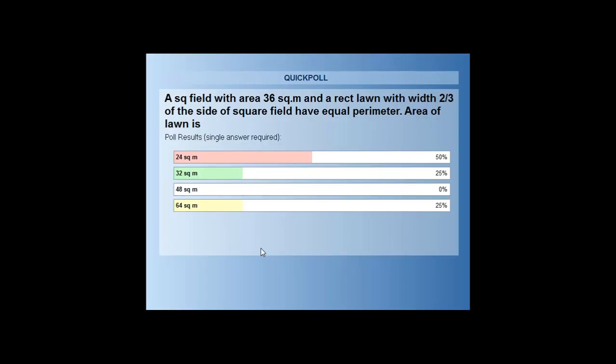So the other side, that is the length of the rectangle, must be equal to how much? 24 by 2, which is 12, because it's 2 times length plus width. So it's 12, and 4 is the width, therefore length must be 8. And hence the area of the lawn, we are talking about the area, is 32, 8 into 4.